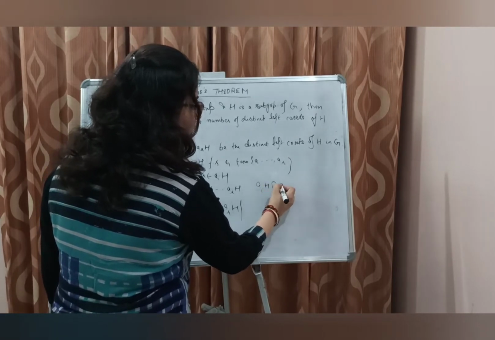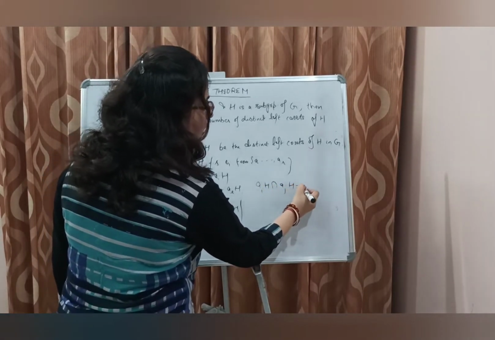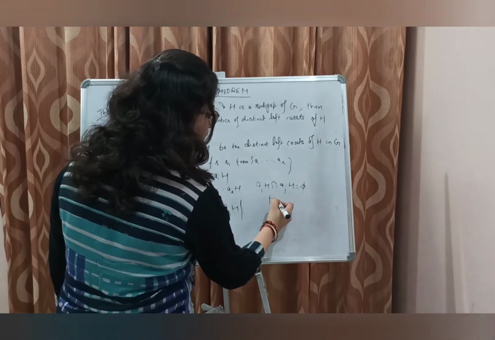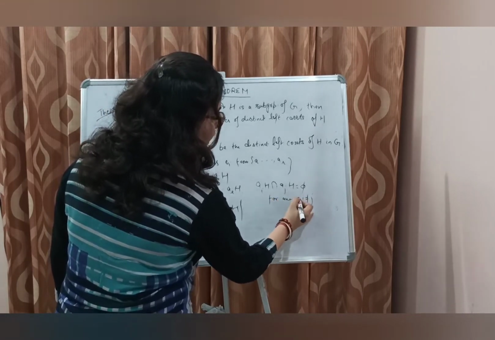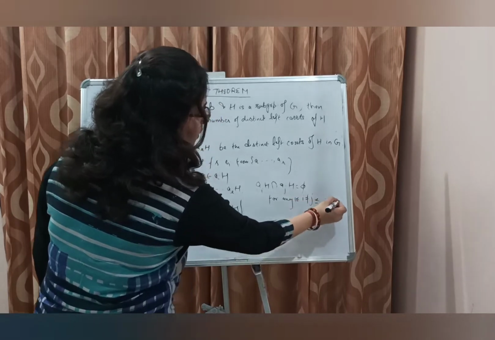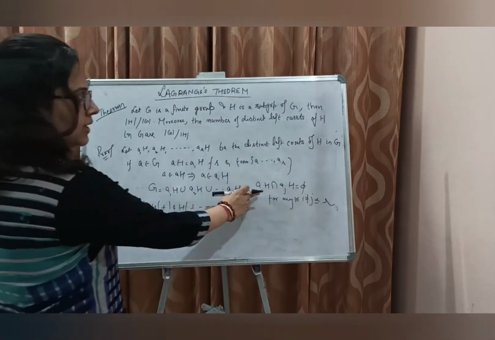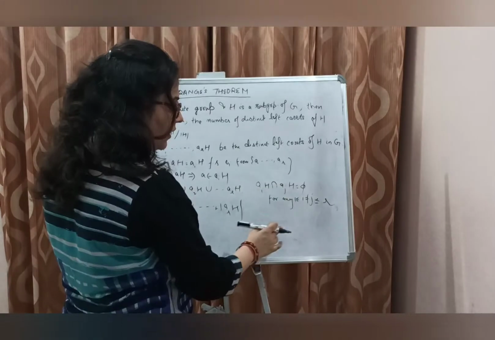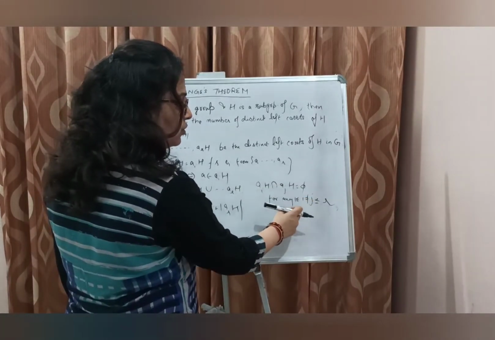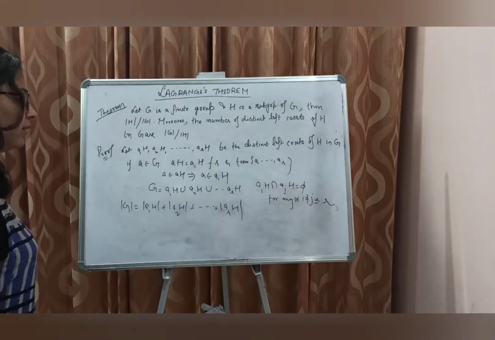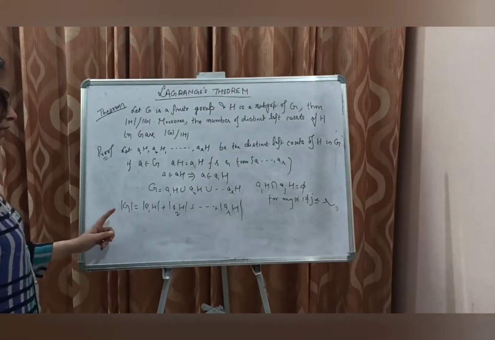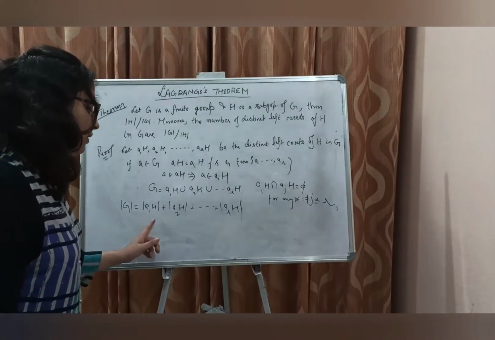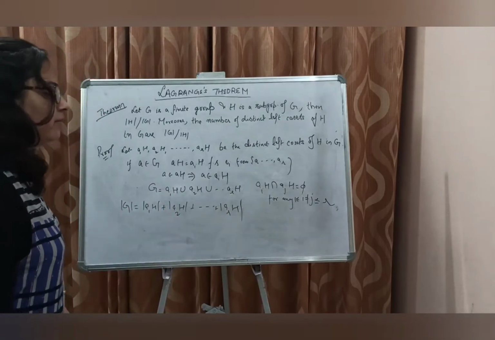AIH intersection AJH is phi for any I not equal to J lying between 1 and R. Since these cosets are disjoint, hence we are able to write the order is equal to order of A1H so on up to order of ARH.